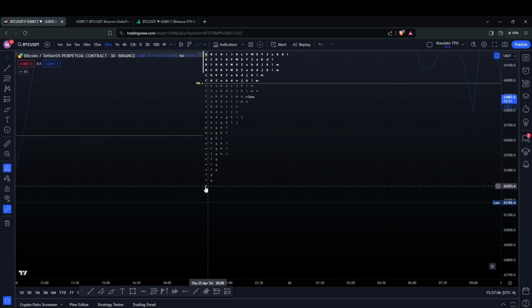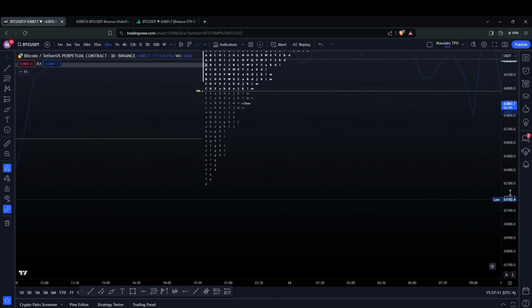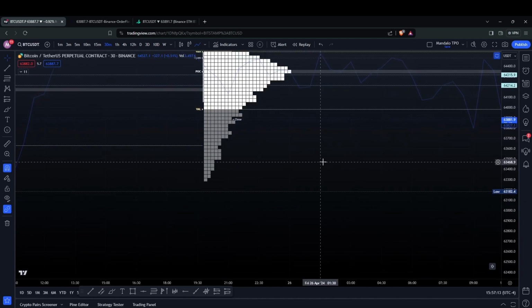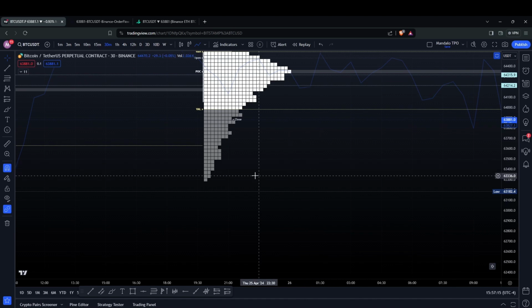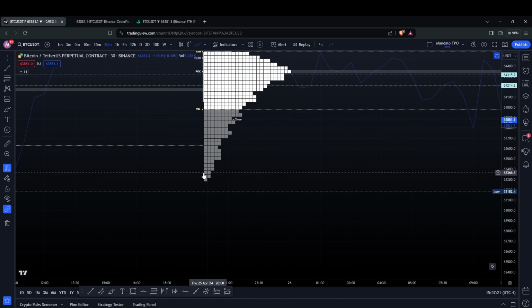And if there is not a long tail on any candle at the high or the low of a session, that is usually something that can create what we consider to be a poor high or a poor low. And it's really kind of a way to describe that there is lack of excess.